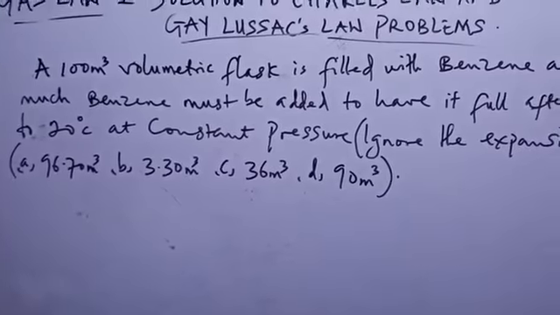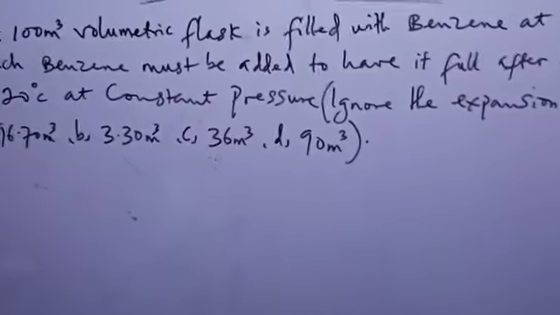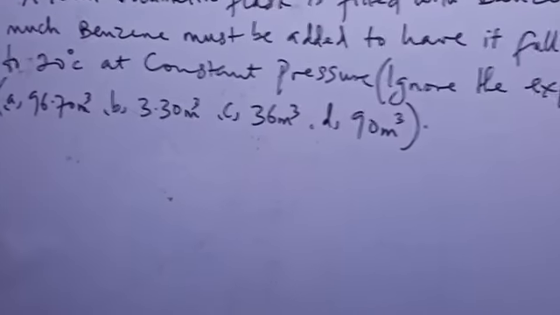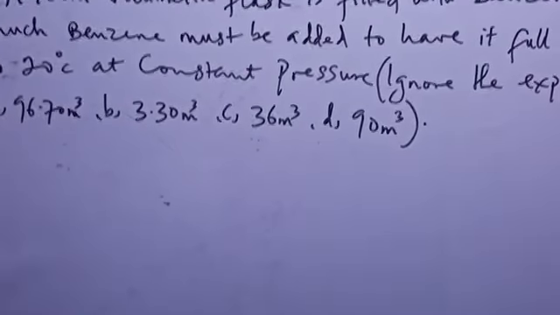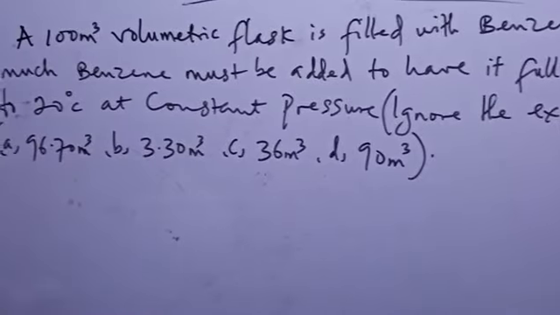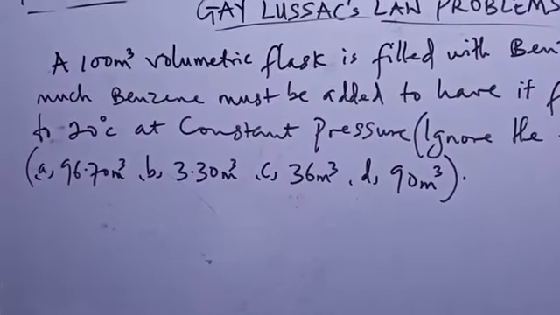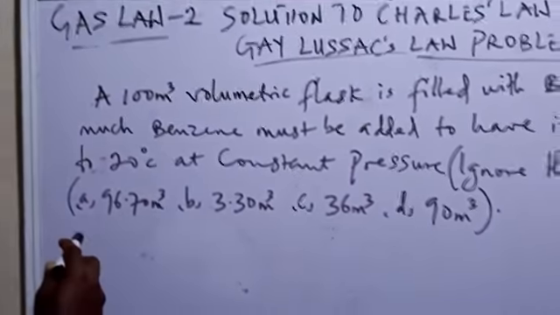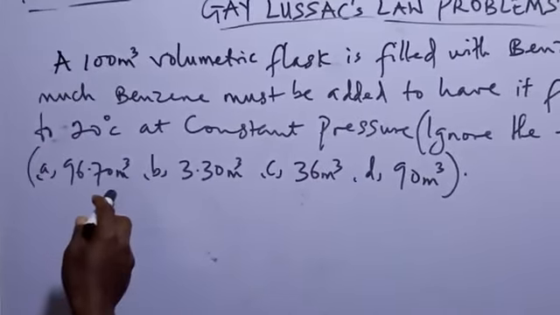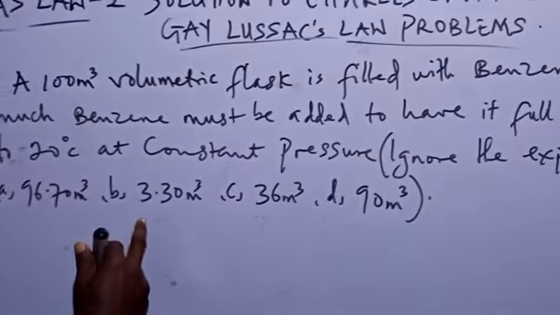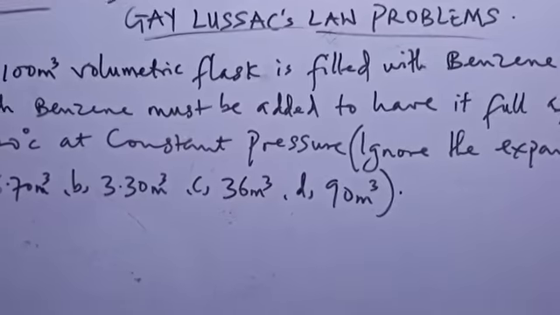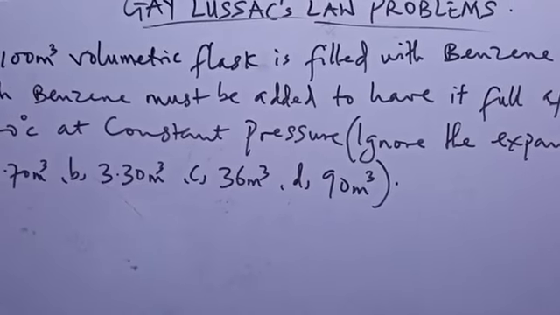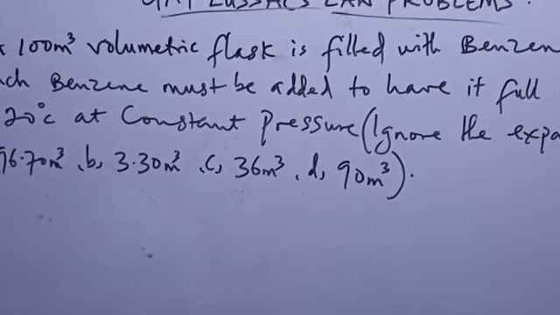This is a multiple choice question, and the answers are here for you to choose from depending on the one you calculate to be right. We have A 96.70 cubic meters, B 3.30 cubic meters, C 36 cubic meters, and D 90 cubic meters.